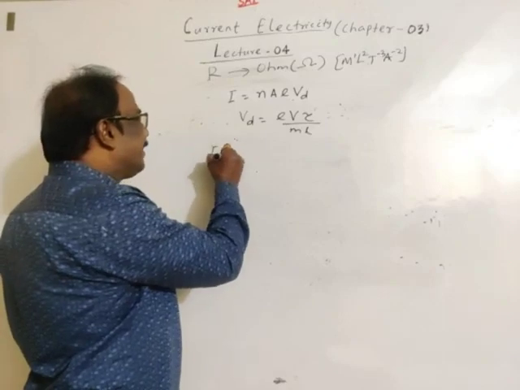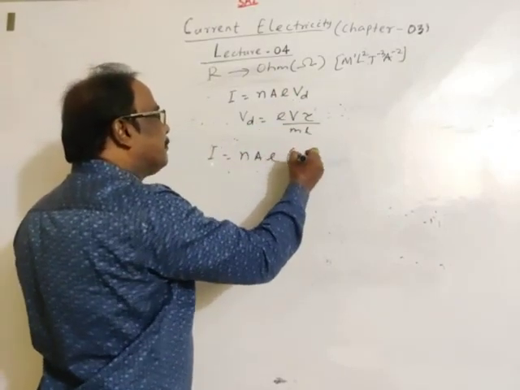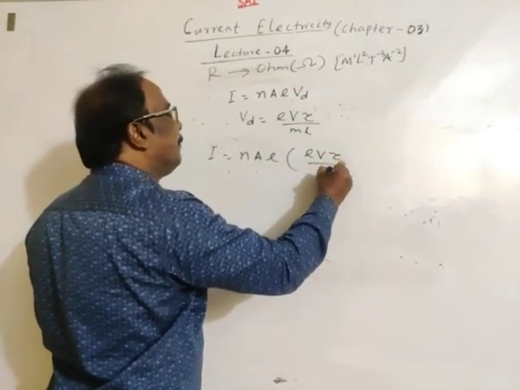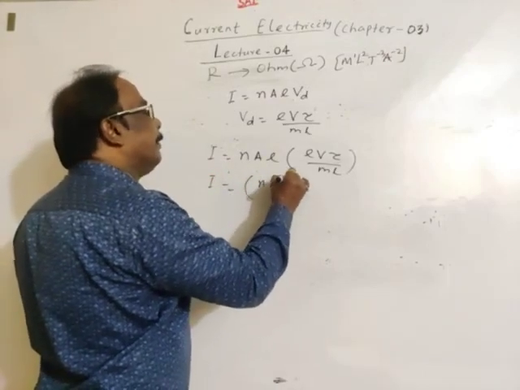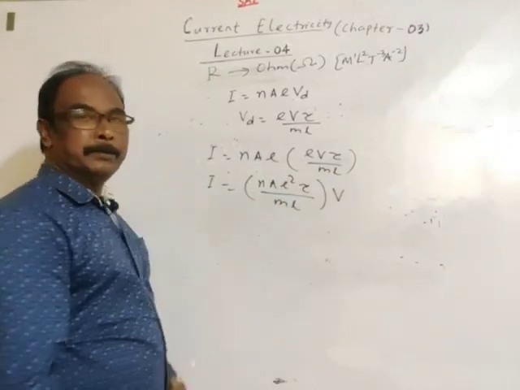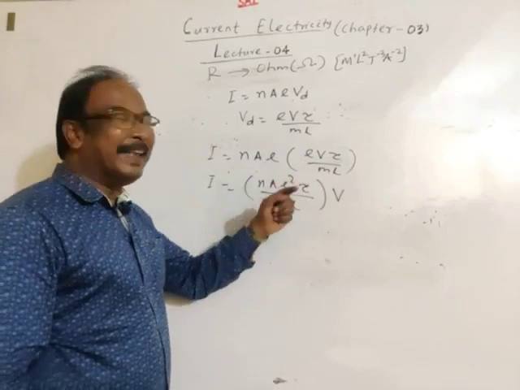Then the final current we have got: in place of Vd, the drift velocity, we may write eVτ by ml. Then current is equal to nAe²τ divided by ml into V. You got it? Very easy.